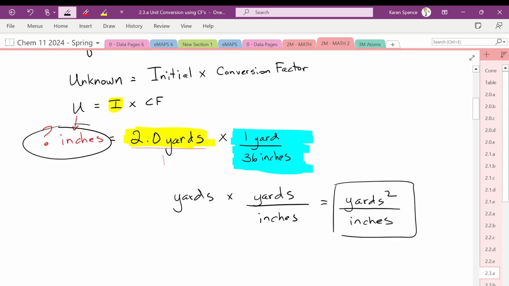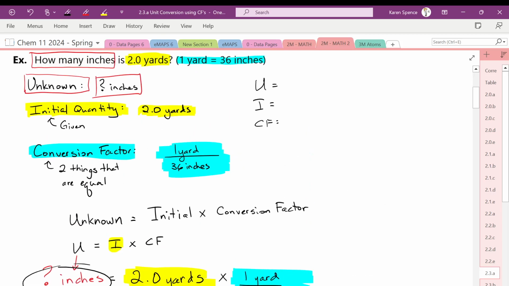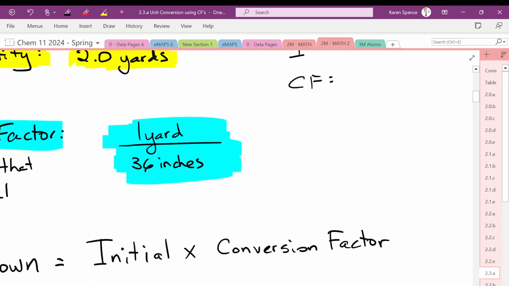No. So, although my method is unknown is equal to initial times the conversion factor, conversion factors can be written either right side up or upside down. And it really doesn't matter. So when I say we have a conversion factor, if I write 1 yard per 36 inches, I could also say 36 inches per 1 yard.